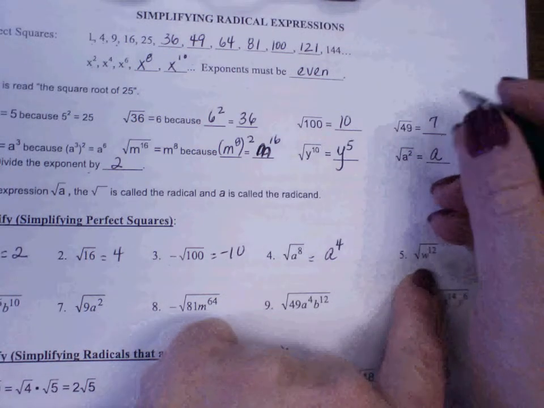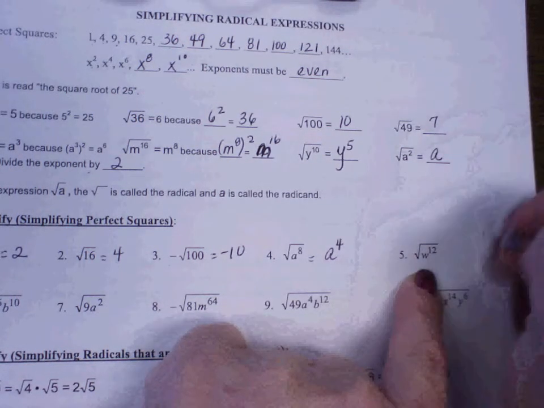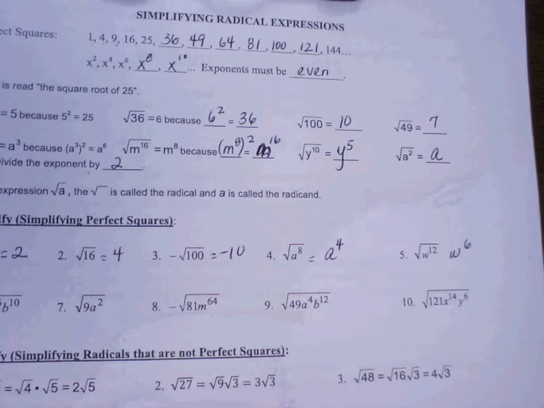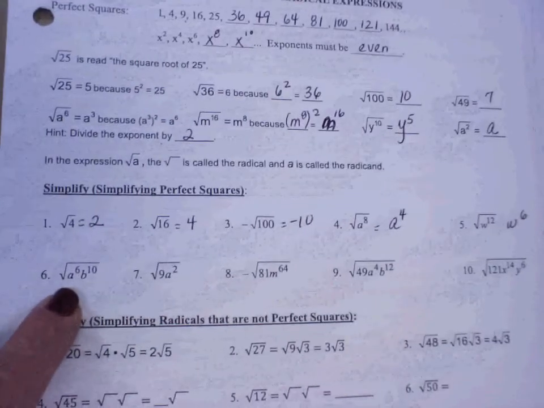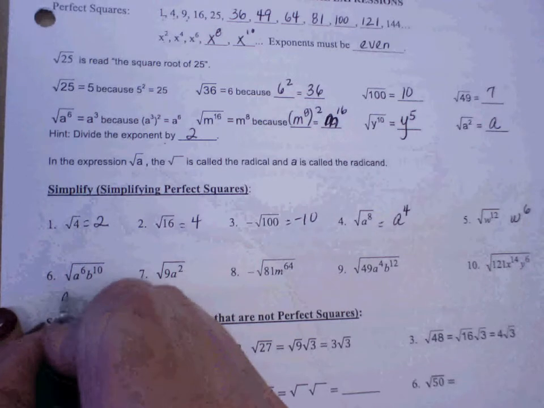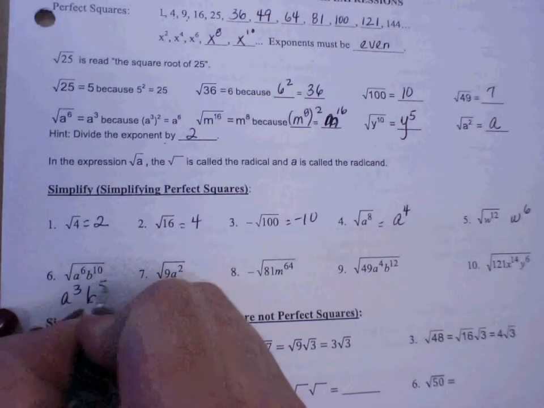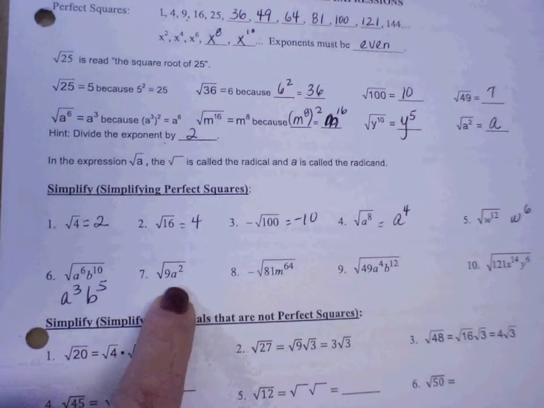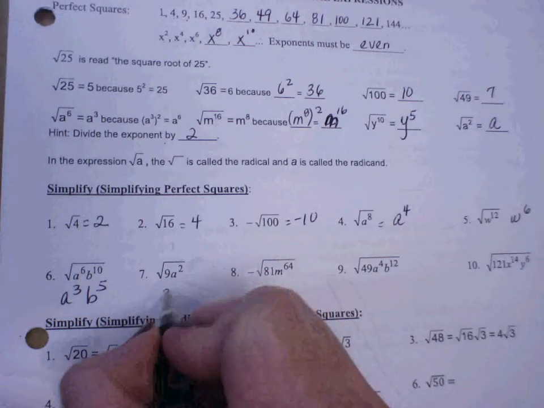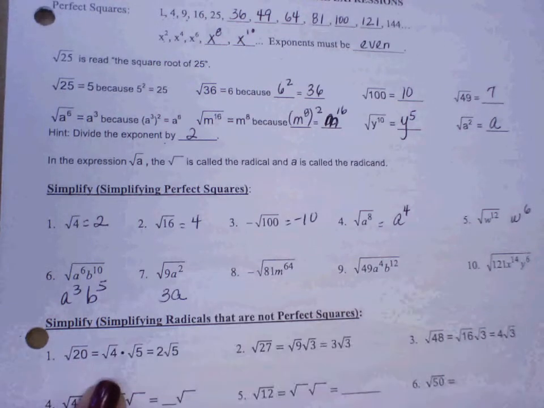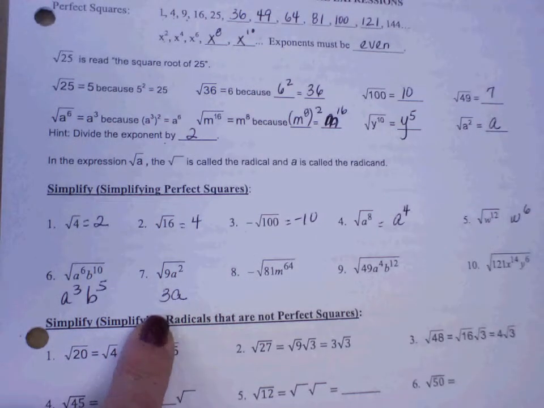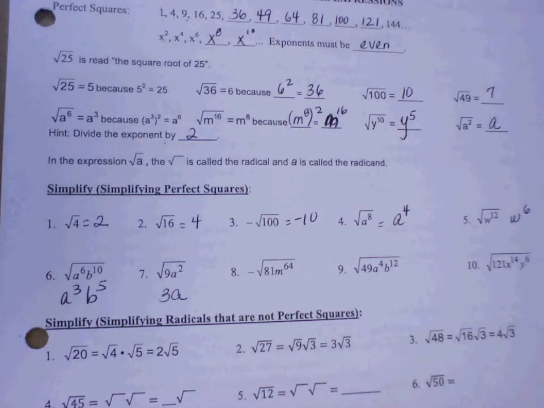W to the 12th? Very good. What about these two? A to the 3rd, b to the 5th. What about this one? 3 and a. Very good. Square root of 9 is 3, and the square root of a squared would be a.